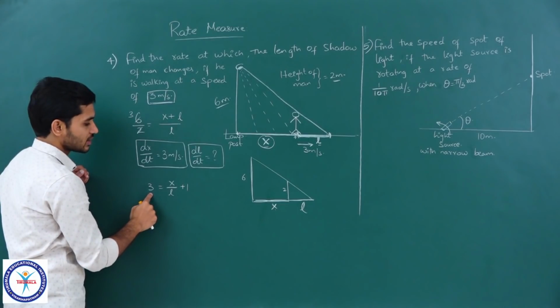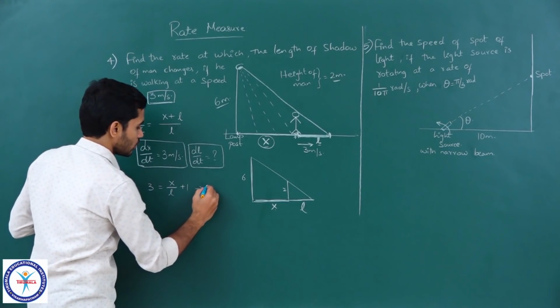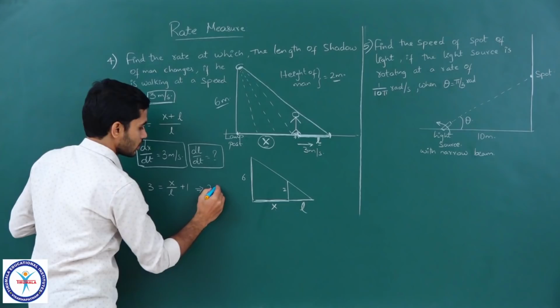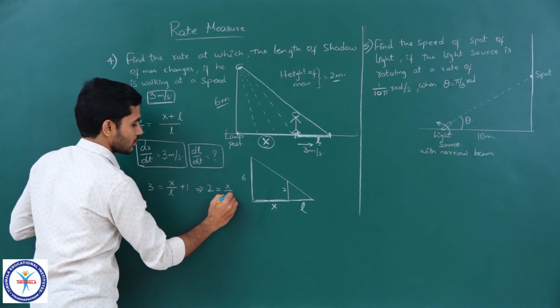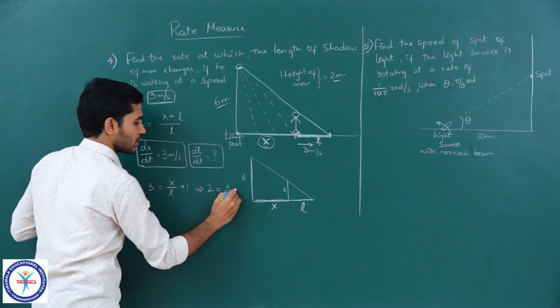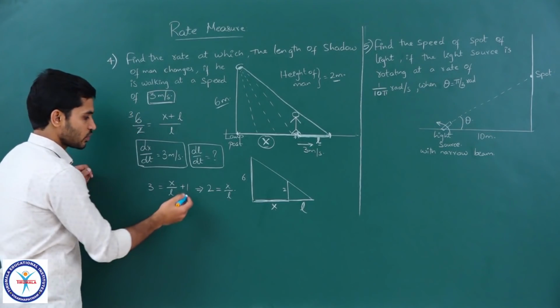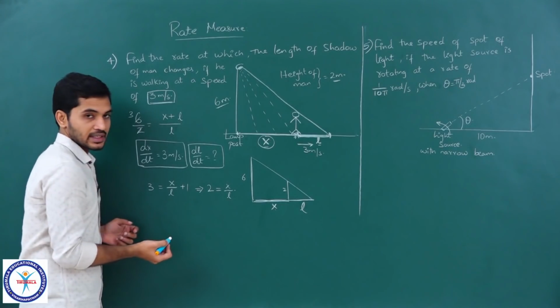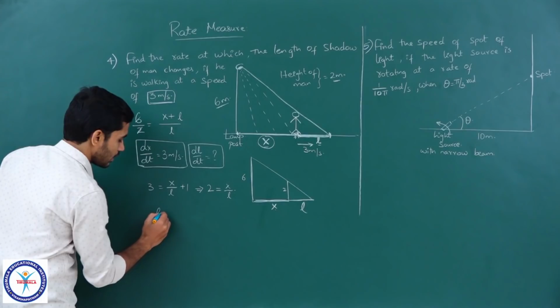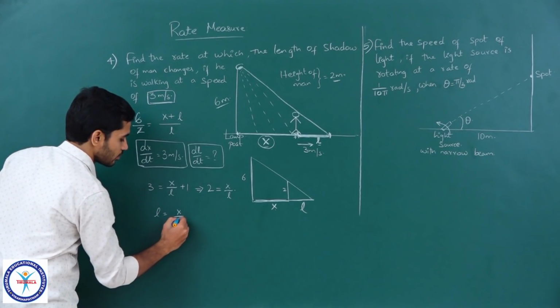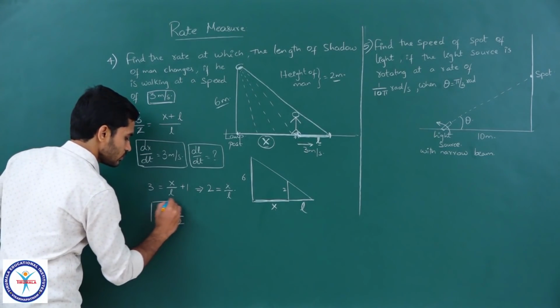Now if I send 1 to this side, I will be getting 2 is equal to x by L, correct? So which means I now got the relation between x and L. So what is the relation I have? I have L is equal to x by 2. That's it.